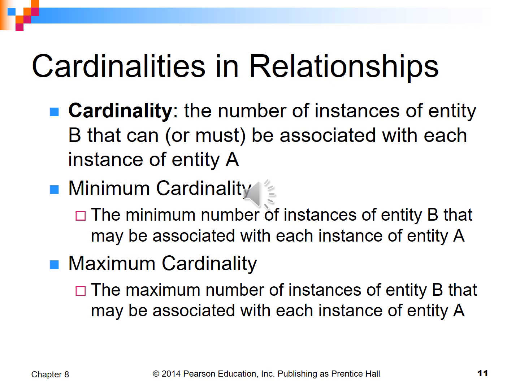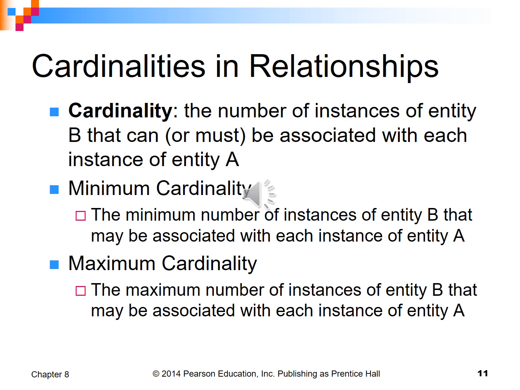What's the cardinality? Cardinality is the number of relationship instances an entity can participate in. It includes the relationship types like one-to-one, one-to-many, and many-to-many.